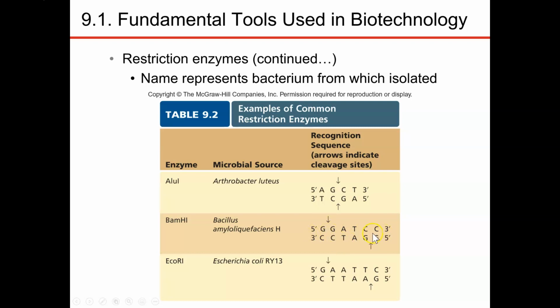So it cuts here, goes over, and cuts there. So you have this sticky region here. This would be beneficial in running biotechnology or trying to produce a new recombinant DNA sequence. And then EcoRI also cuts between a GA, so it produces that sticky end.